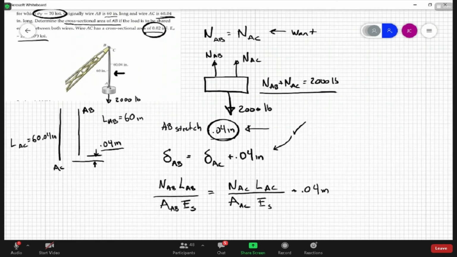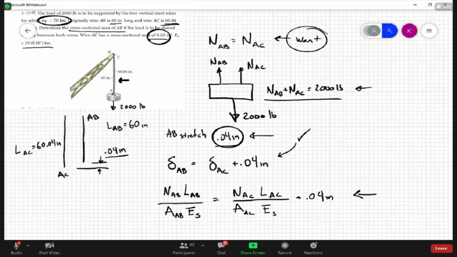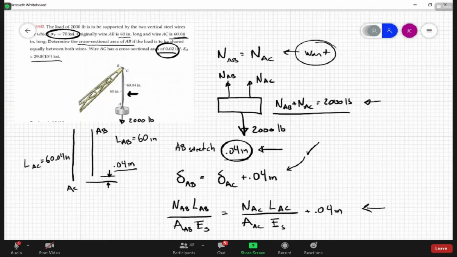Well, actually, I think this is easier than what I'm making it out to be. Let's step back and see where we're at. We have our compatibility condition in terms of the forces, our equilibrium condition in terms of the forces, and this other design requirement that the two forces are equal. If the two forces are equal, this immediately tells me that NAB equals NAC equals 1,000 pounds.